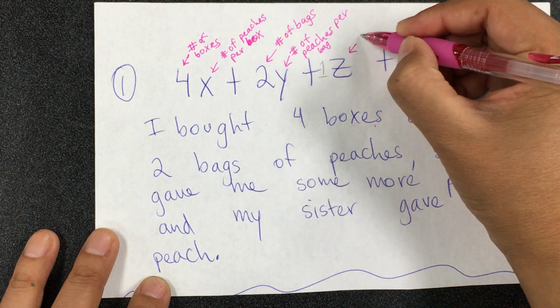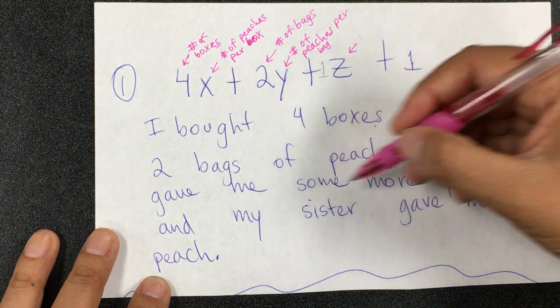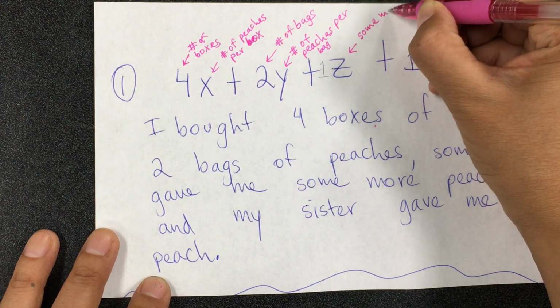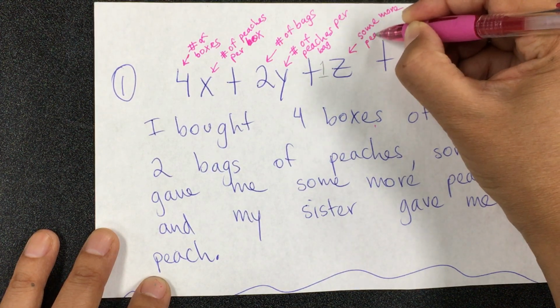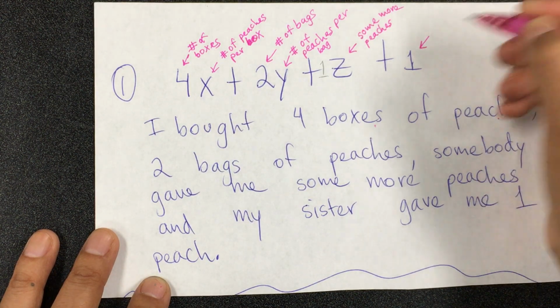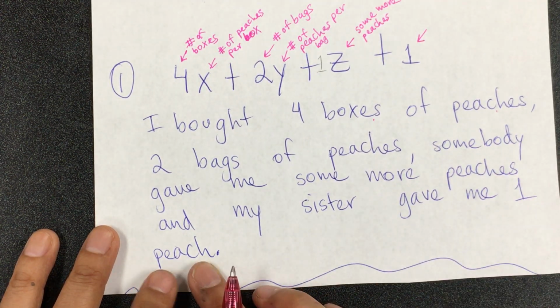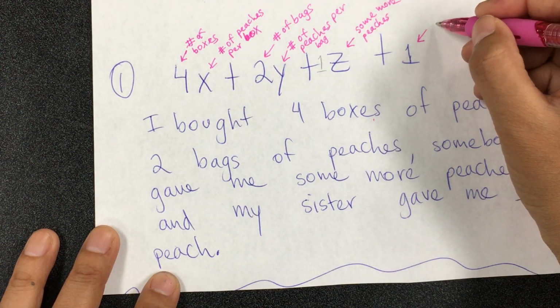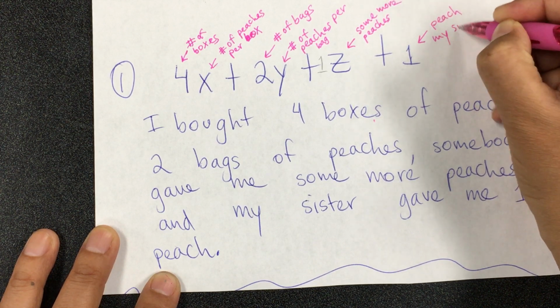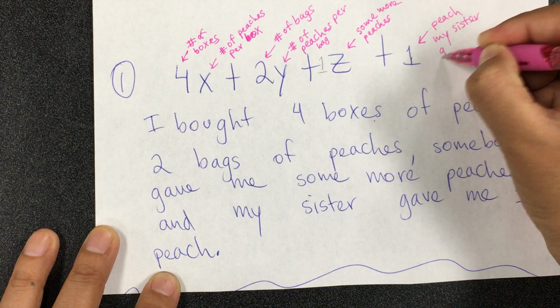So this is just some more peaches, okay? We don't know how many, that's why it's a variable. And my sister gave me 1 peach. Do we know how many the sister gave me? Yes. So that's the peach my sister gave me.